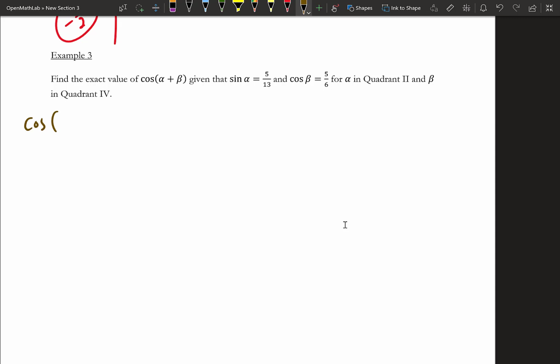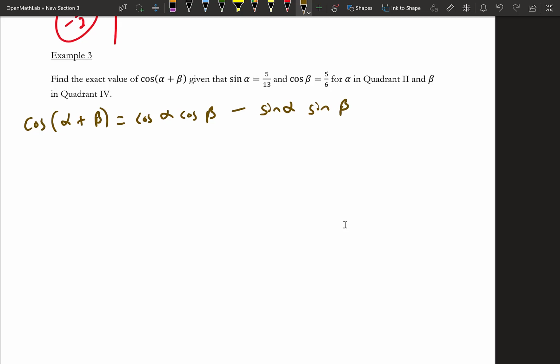Cosine of alpha plus beta, using the formula, is equal to cosine alpha times cosine beta minus sine alpha times sine beta. Right?